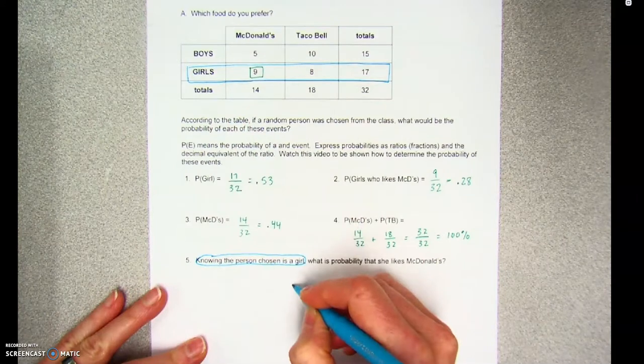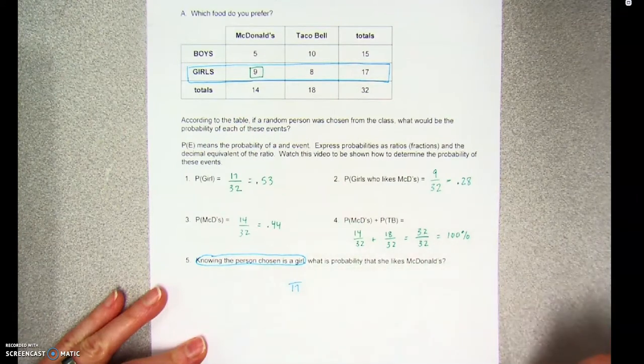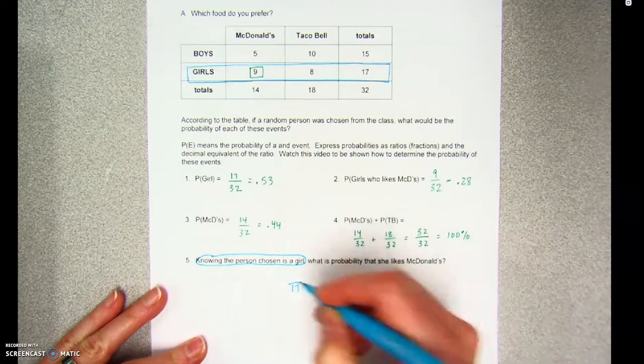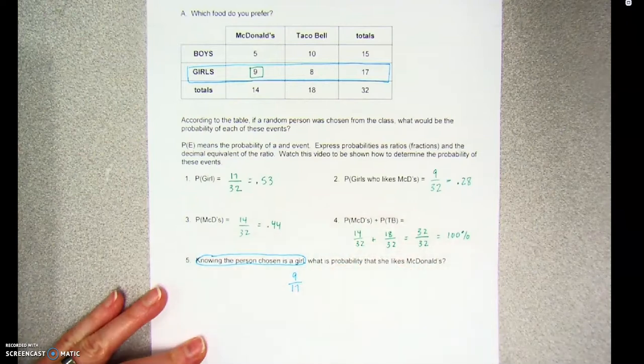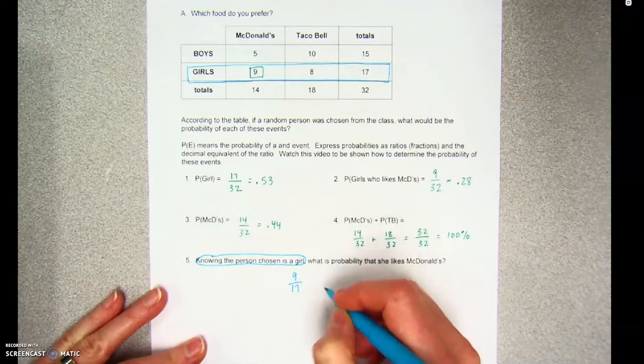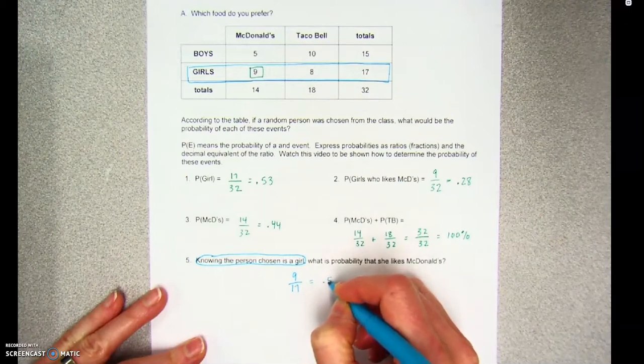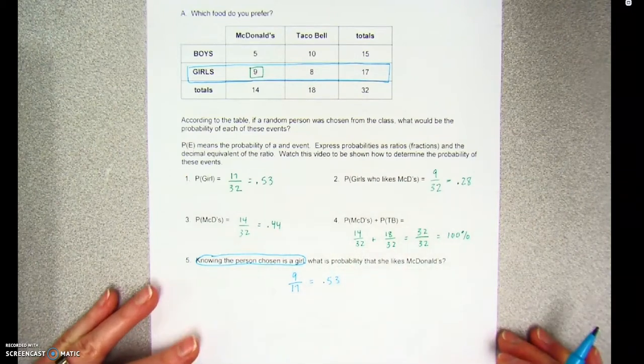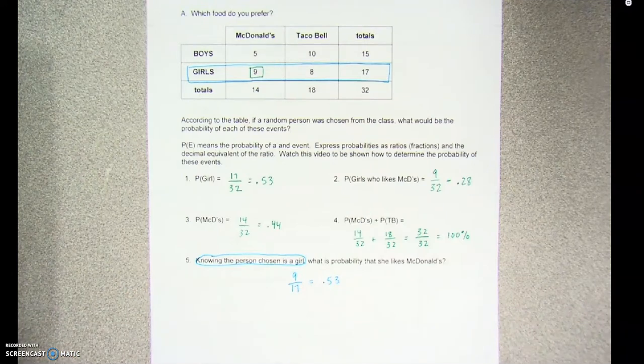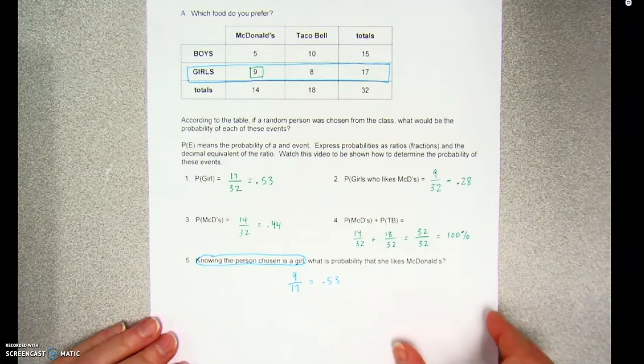There's only 17 girls in this class. The probability that she likes McDonald's is 9 over 17, not 9 over 32. And that is a little bit over a half. Pause here and try to complete the rest of the exercises on your own.